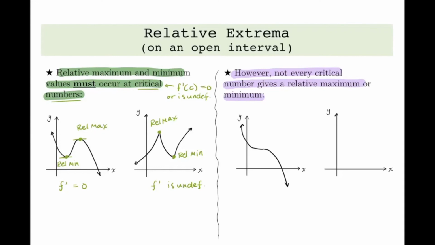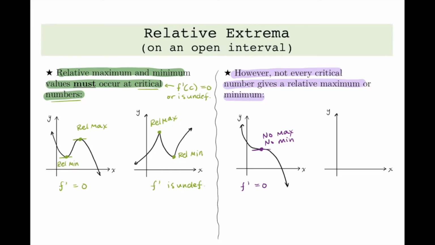So here we have a critical number at this point, right? The derivative is equal to 0 here, but this is neither a max nor a min. So just because we have a place where the tangent line is horizontal or the derivative is 0, that doesn't always mean that we will have a max or min value.